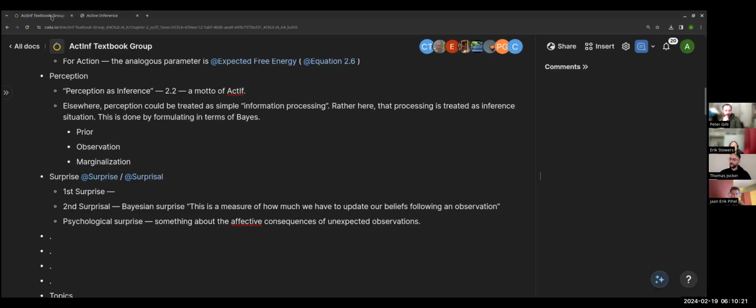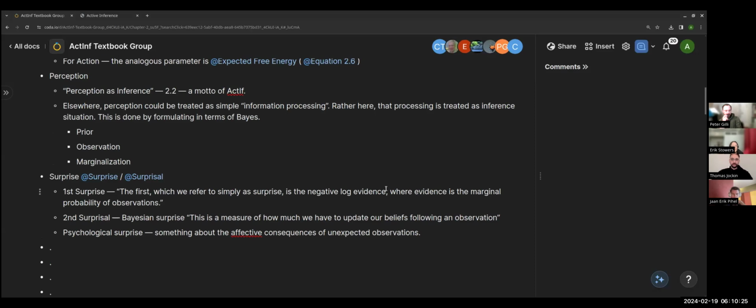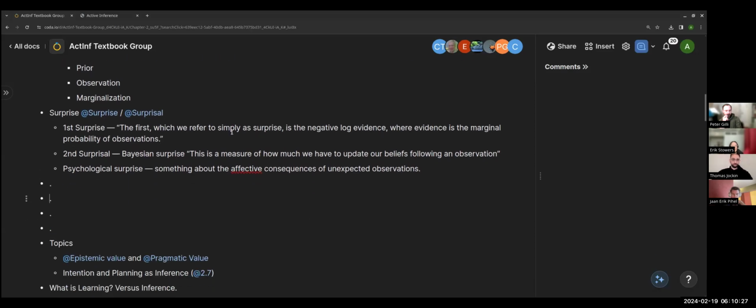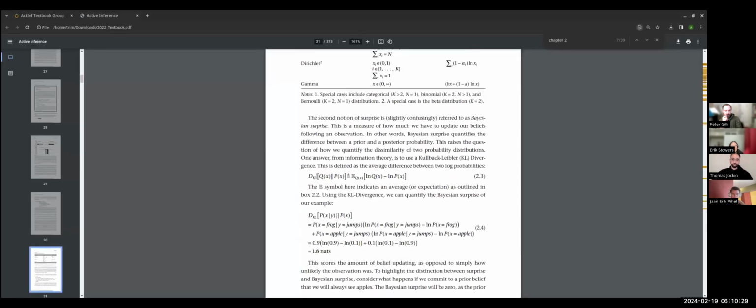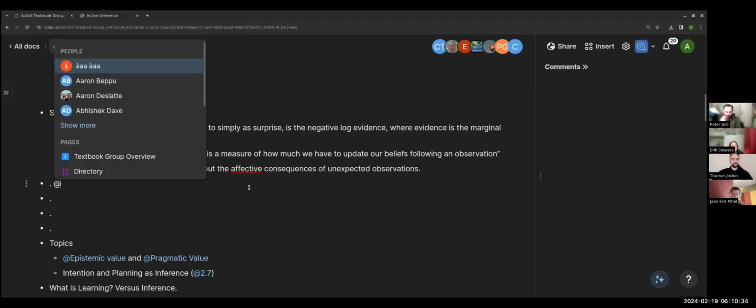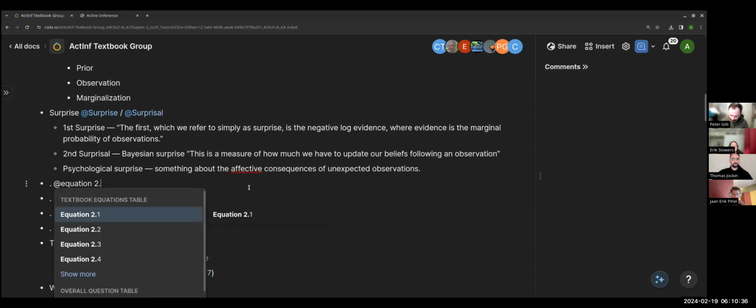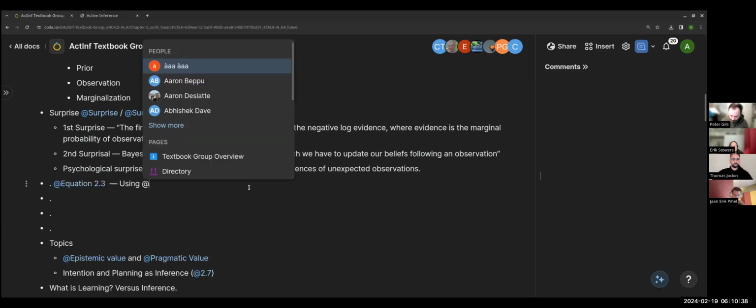So one other key move of the active inference formulation is the use of Kullback-Leibler divergence for the comparison between the prediction and the observed data.